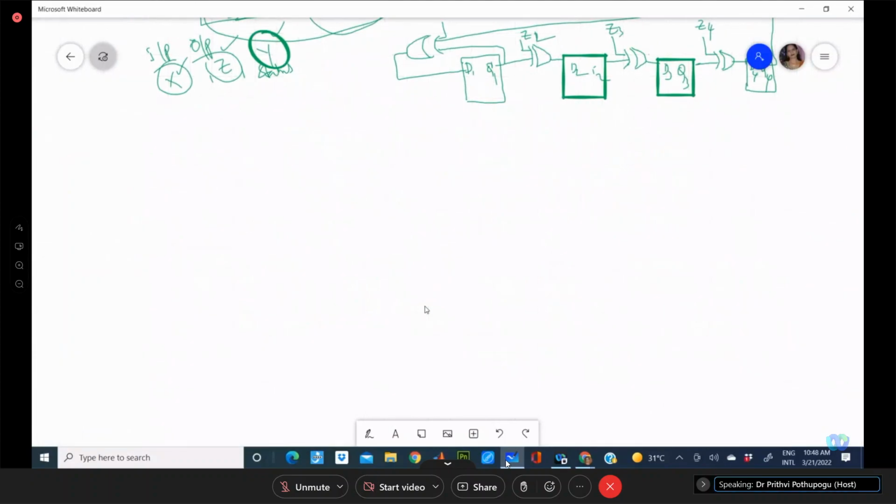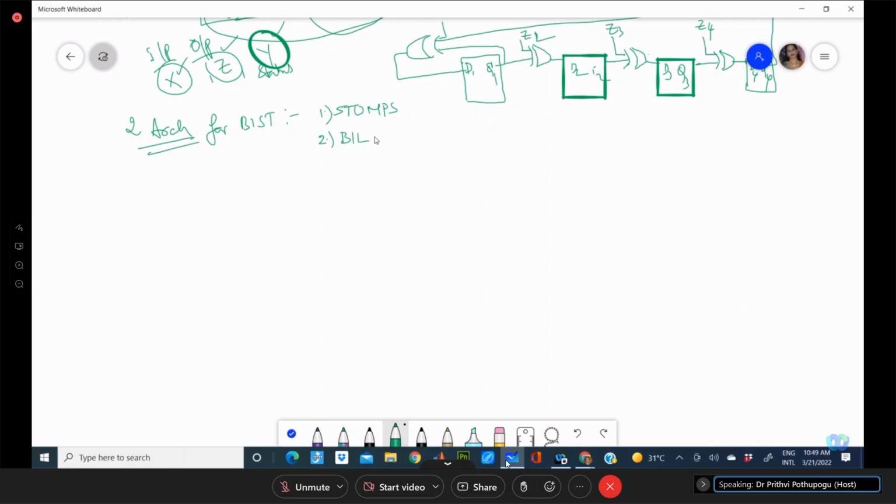So for built-in self-test, there are several architectures available, and we have two main types. What are they? One is STUMPS, the second one is BILBO. What is STUMPS?